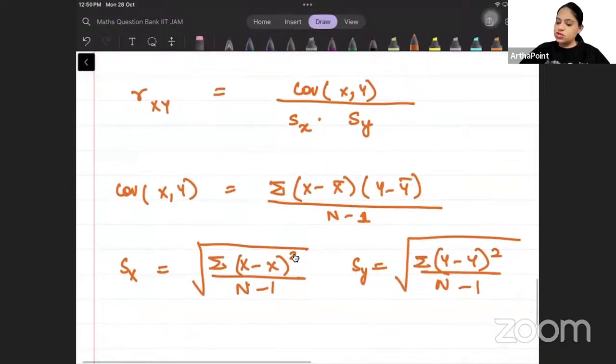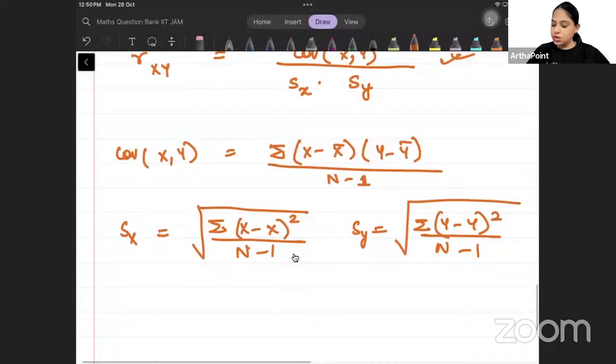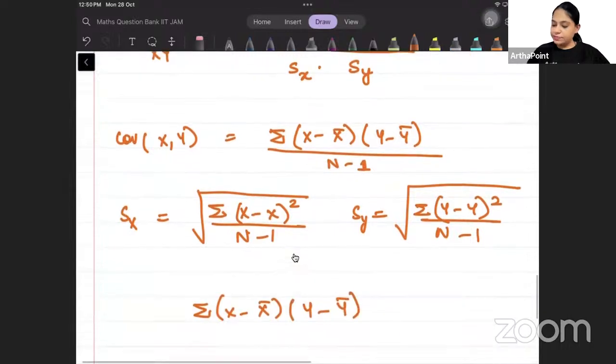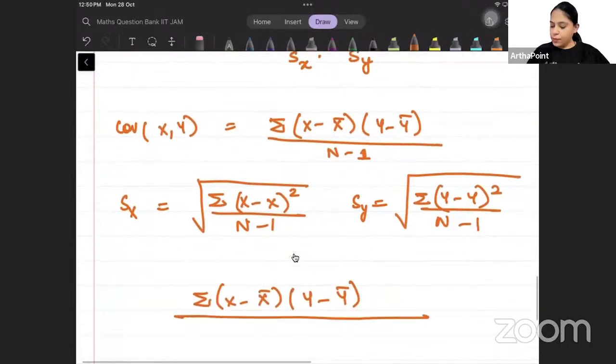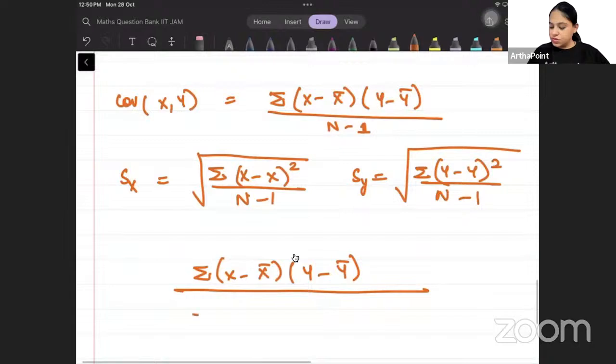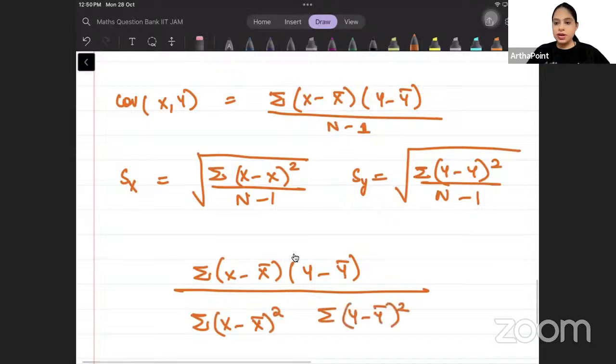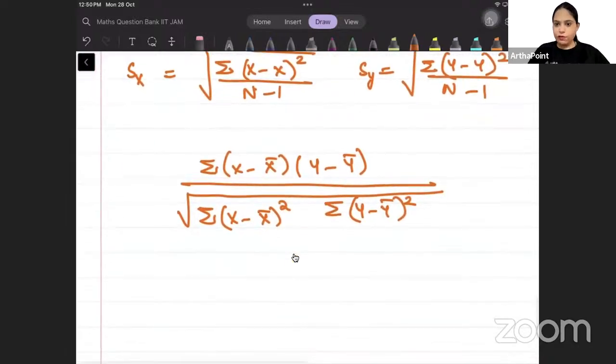Right? So if you just plug the values here, you will get summation x minus x bar, y minus y bar upon summation x minus x bar whole square, summation y minus y bar whole square in the under root. Right? You can also write this by one more formula.